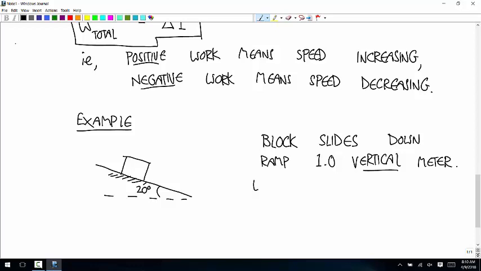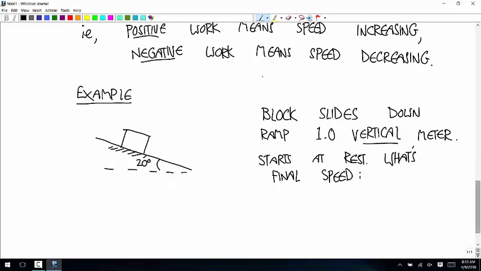And we want to calculate the change in, well, let's say it starts at rest. So what's the final speed? First, with no friction.